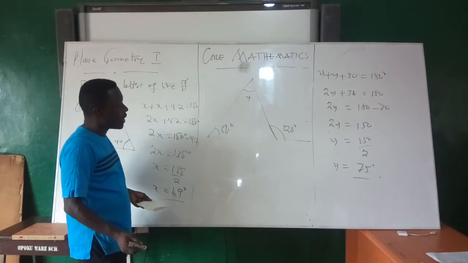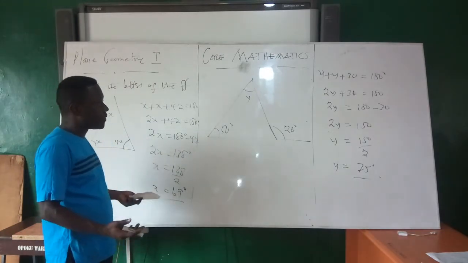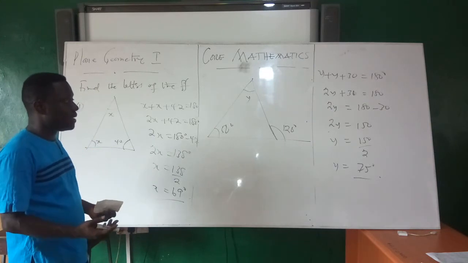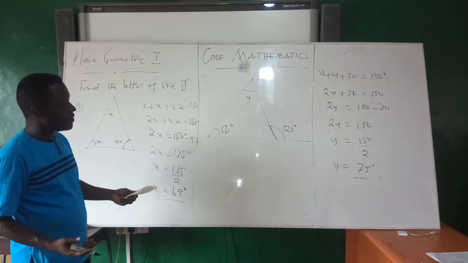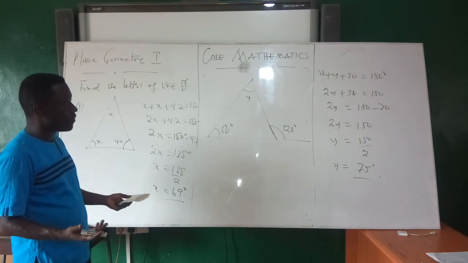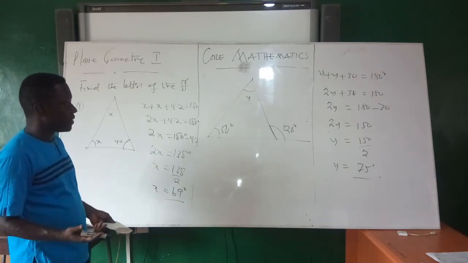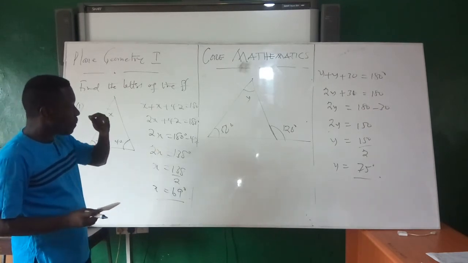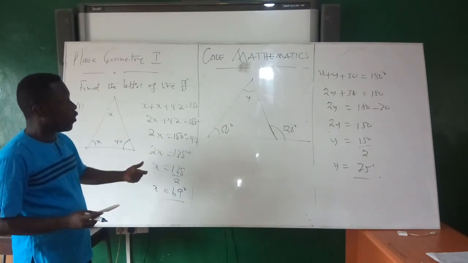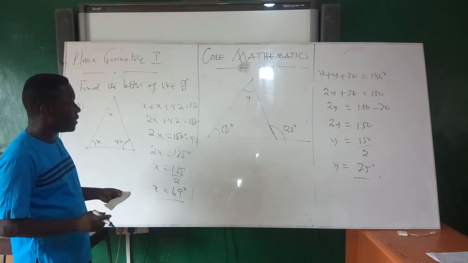So we want to find y here. Which of the properties lends itself easily to this question? There are so many ways, at least I can see about 2 different ways you can approach this question. But I'm going to approach it in a way that will help us reinforce a particular property I've already taken you through.